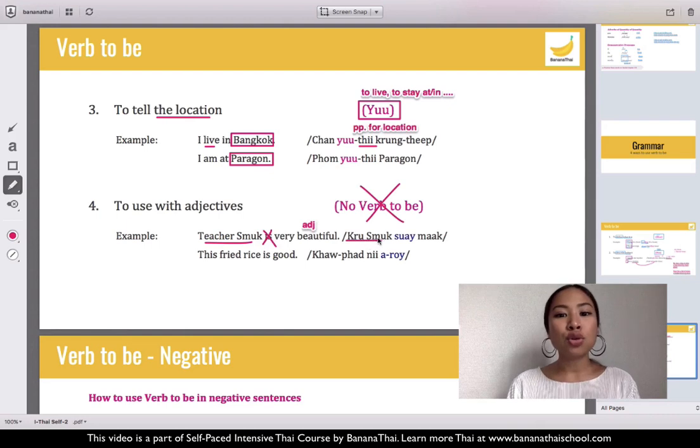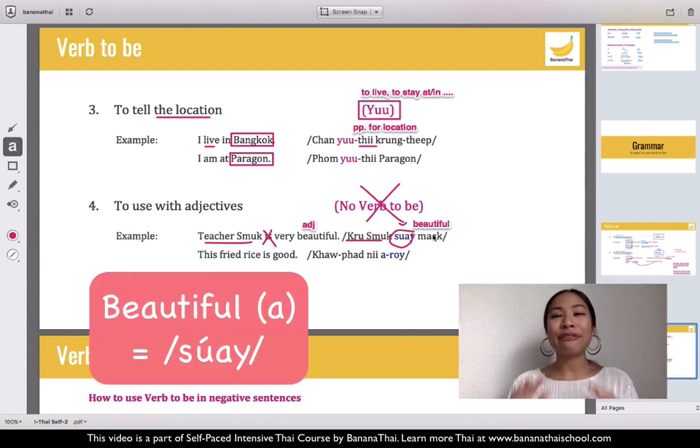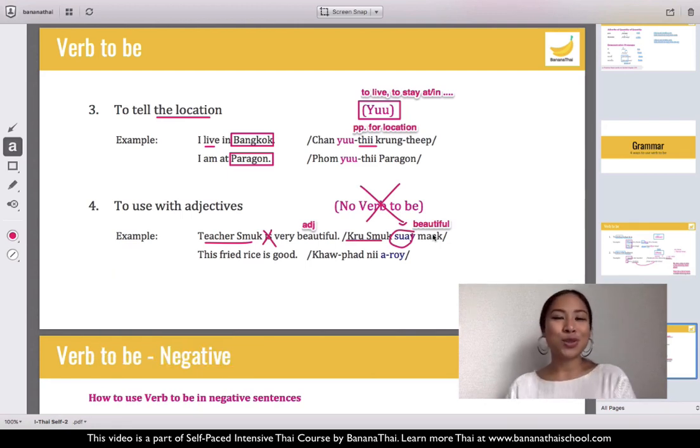So ครู Smoke สวยมาก, because the word สวย, say together, สวย, means beautiful. สวยมาก, very beautiful. ครู Smoke สวยมาก. ครู Smoke is beautiful, very beautiful.